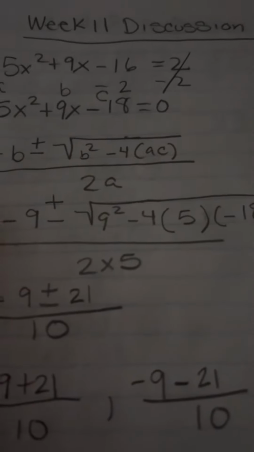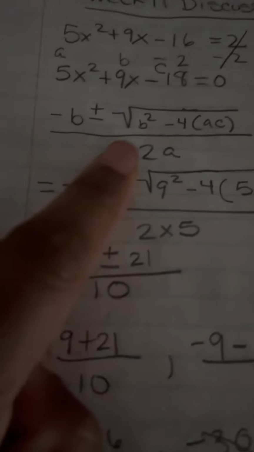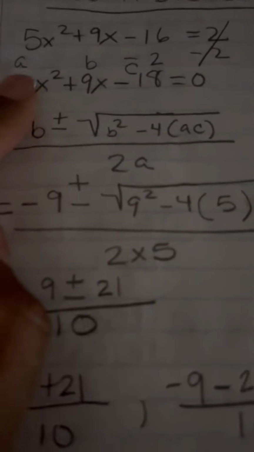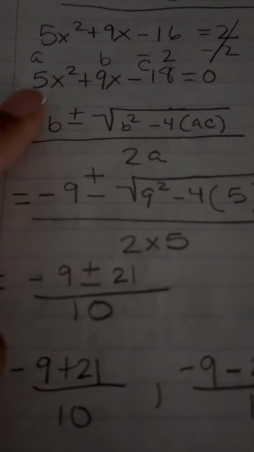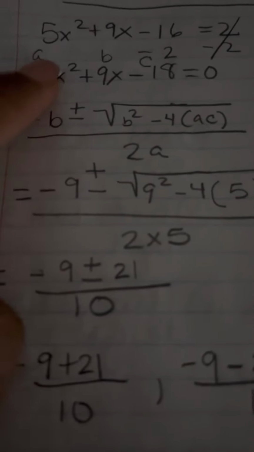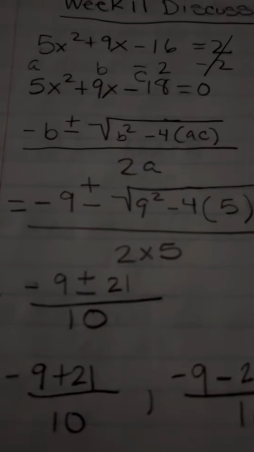Now I use the quadratic formula, which is negative b plus or minus the square root of b squared minus 4ac, over 2a. Just to make it easier for myself, so I can remember when I need to plug in the numbers, I said a is 5, b is 9, and c is negative 18.